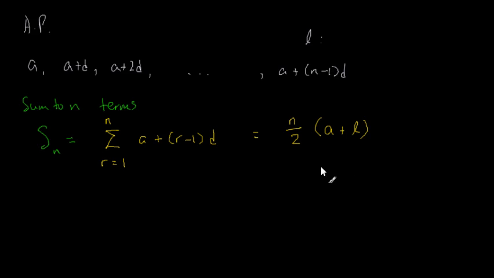Okay, and let me now write down another form of this sum. I've written it as A plus L, but L is the last term. But as I have described, L is actually A plus (n minus 1) times D. So I can use this in place of L to get another formula, or another form of the formula.